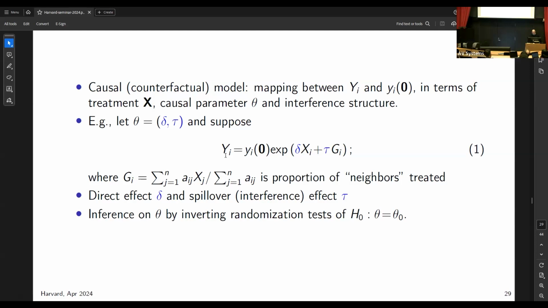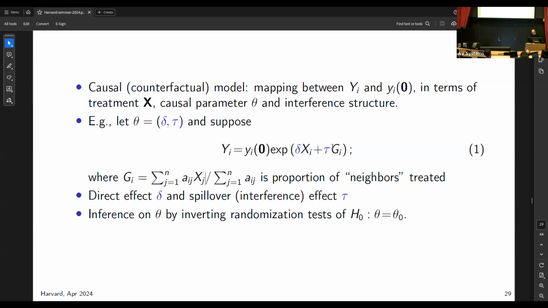I like this one because it has a simple accelerated failure time model type of form that people are familiar with. So this just says that the observed outcome is equal to the uniformity trial potential outcome times this piece here. Xi, that's the treatment assignment for individual i. So the coefficient on that will have an interpretation as like a direct or individual effect of treatment. And then Gi, which is defined here below, is just the proportion of individual i's neighbors that were treated.